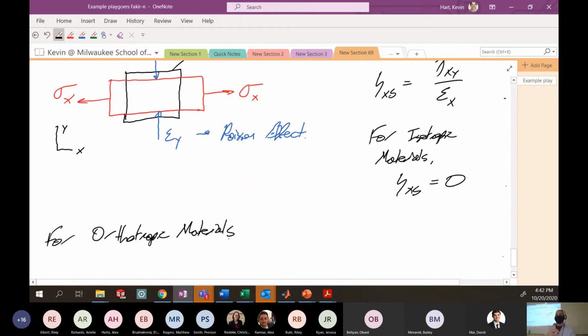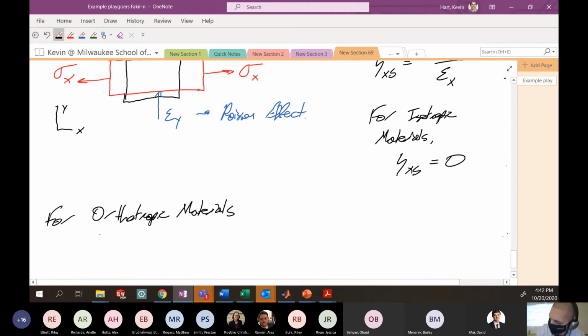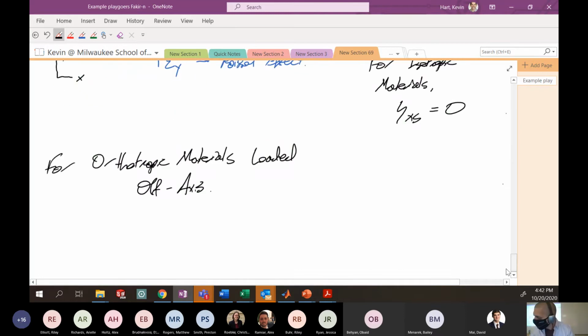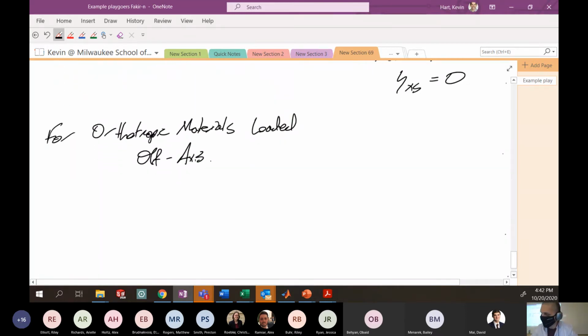So for orthotropic materials, let's say loaded not in principal directions, you might want to consider this. You have an undeformed square again.